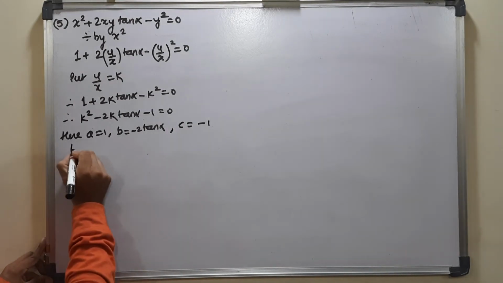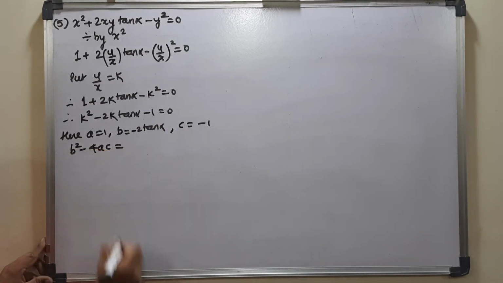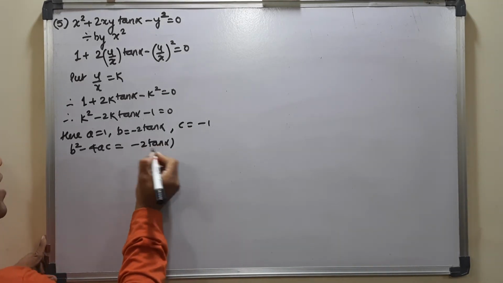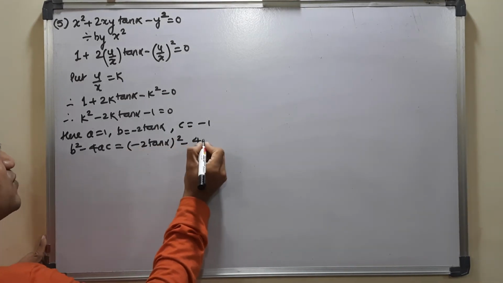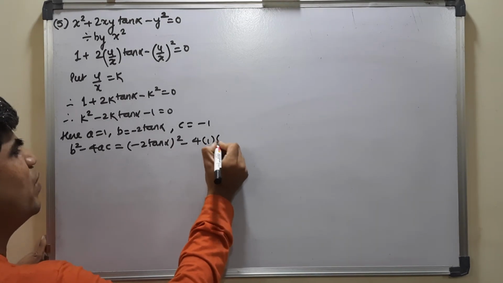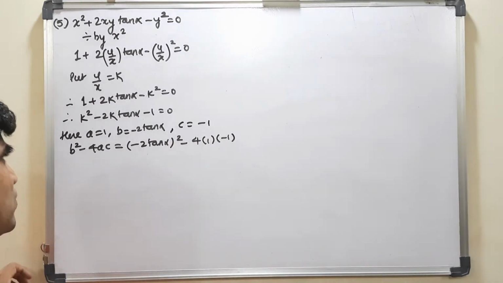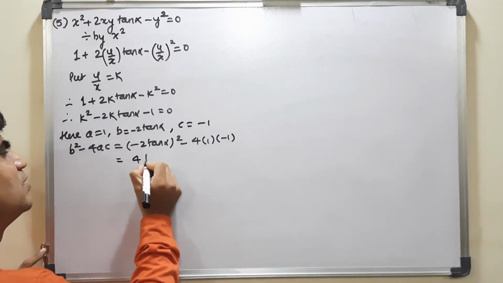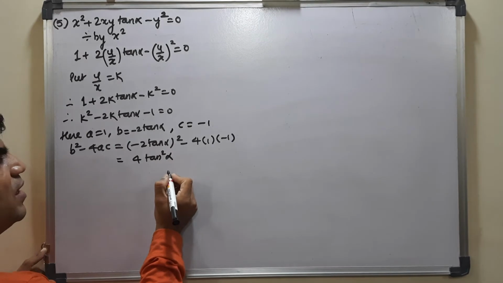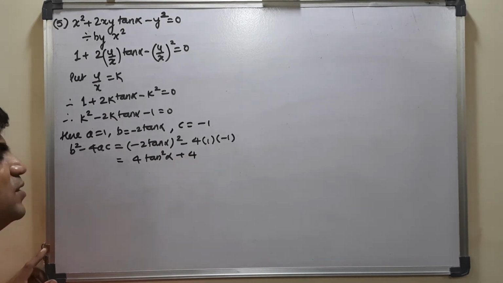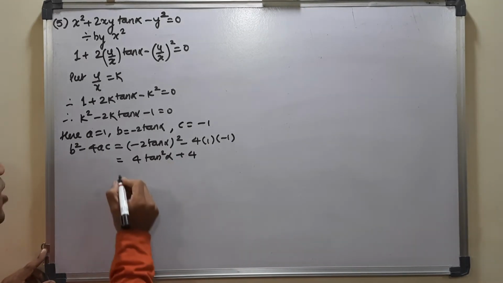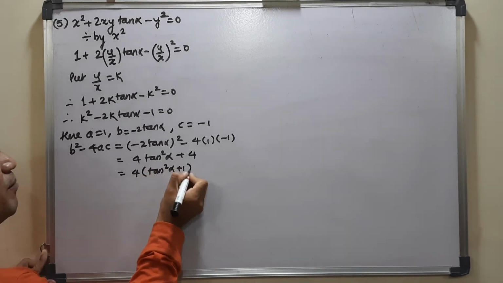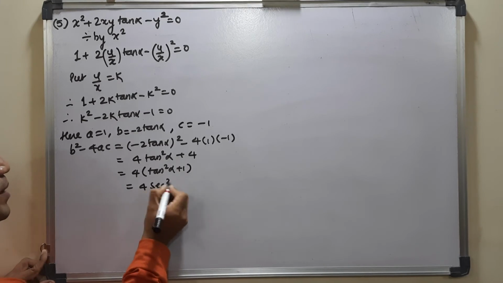Then you will find B square minus 4AC, which is minus 2 tan alpha the whole square minus 4 into 1 into minus 1. That is, minus 2 squared will be 4 tan square alpha, minus minus becomes plus. Very good, no problem. So I get 4 tan square alpha plus 1, which is nothing but sec square alpha.